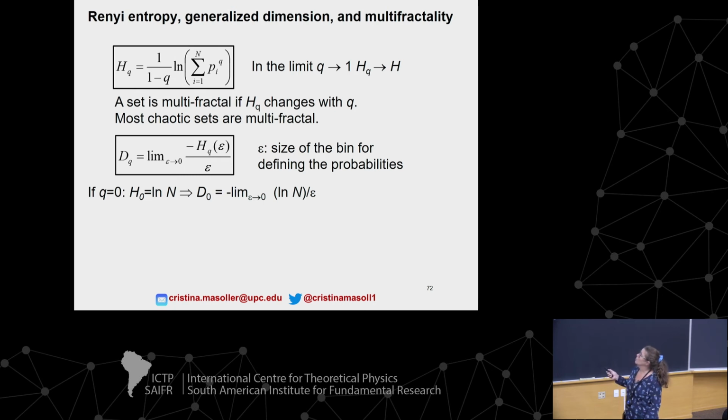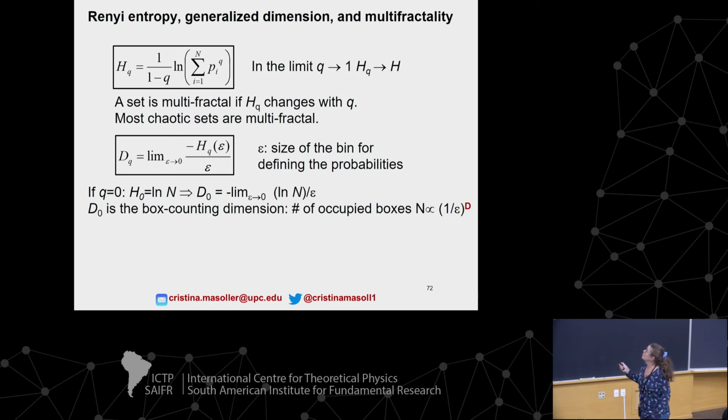So if you put q equals 0, this is basically the box counting dimension, because the entropy is the logarithm of N. And OK, so this gives you the number of occupied boxes.